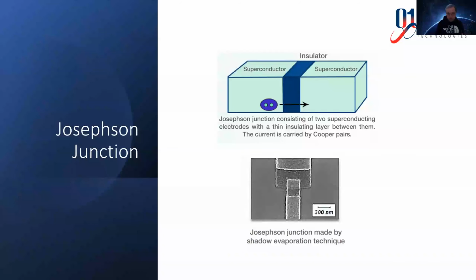In order to reach those temperatures, we need to use a special fridge called a dilution fridge to cool down the junction below its superconducting critical temperature. In this kind of fridge, we use the cooling effect which comes from thermodynamic processes in a helium-3 and helium-4 mixture.